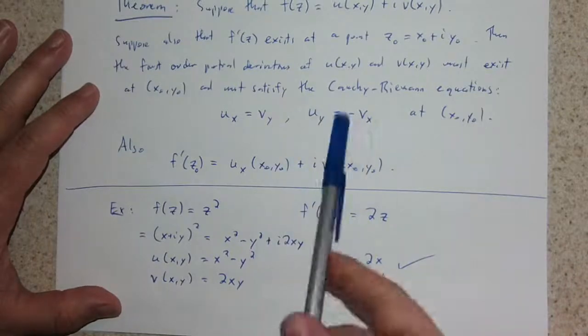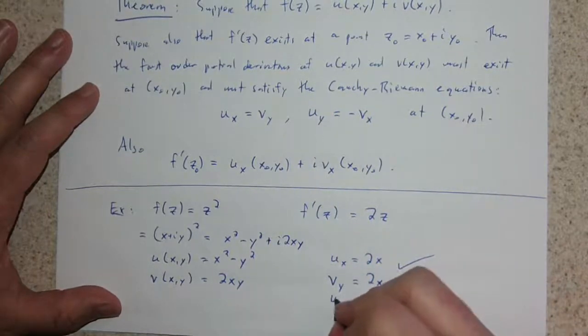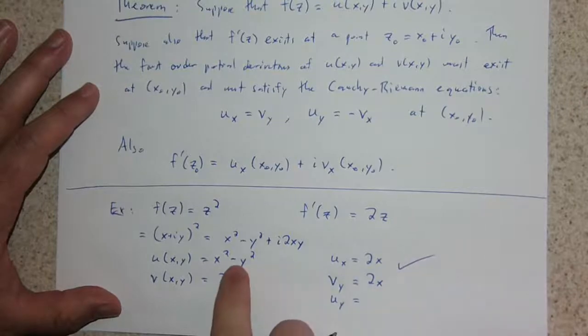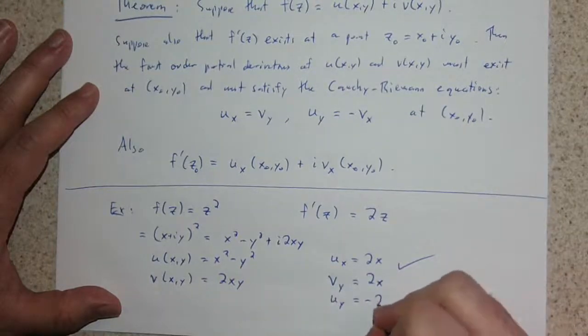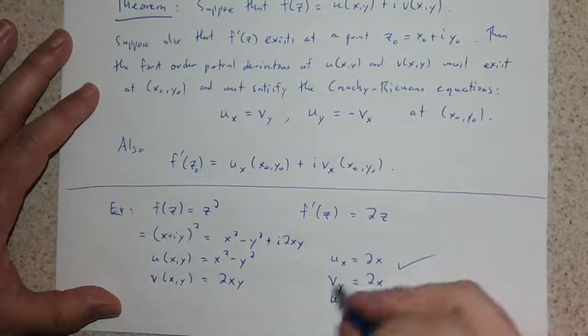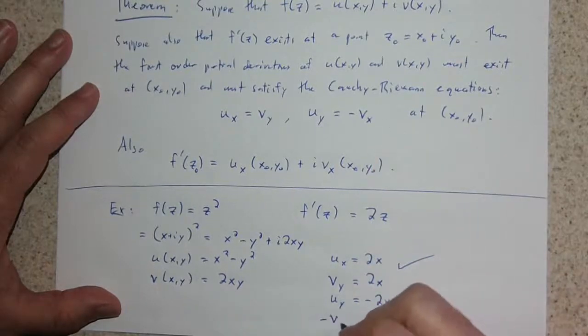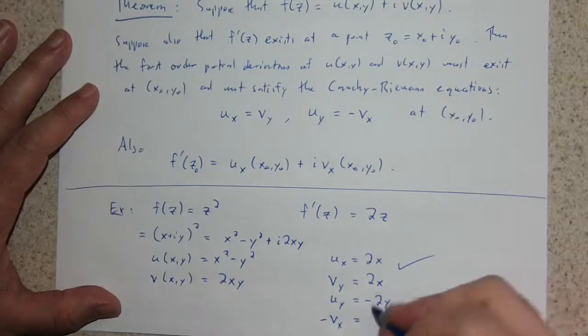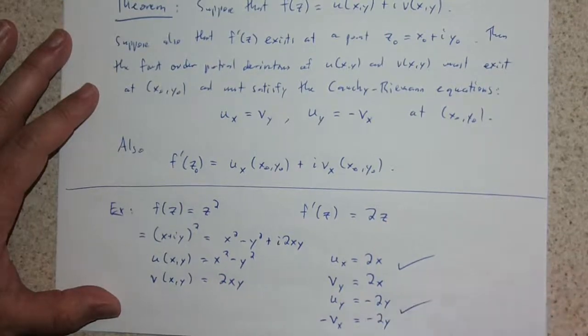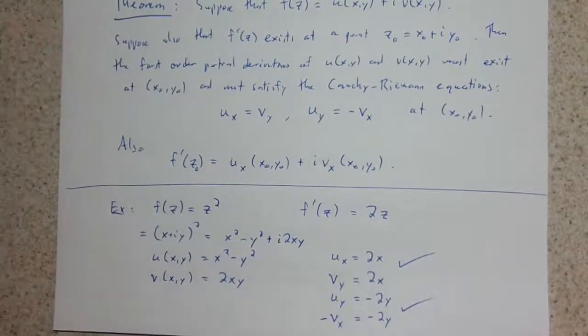Let's do the other two. What is the y partial of u? That's minus 2y. What is minus the x partial of v? Well, minus 2y. So this satisfies the Cauchy-Riemann equations.